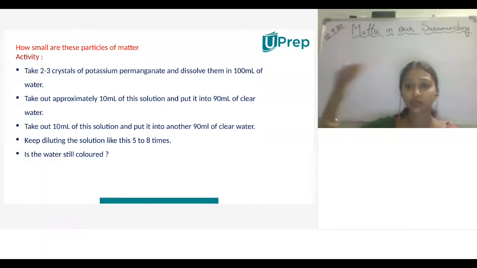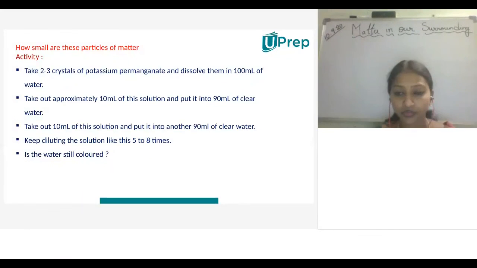Understood? Do the experiment by transferring 10 ml from each beaker to the next: from the first beaker to the second, from the second to the third, third to fourth, fourth to fifth, and so on. We can observe a strong odor in the first beaker.